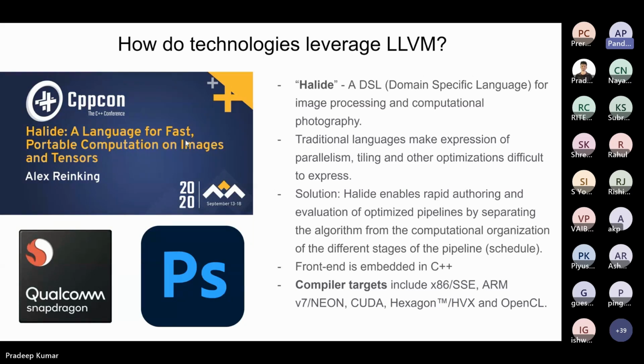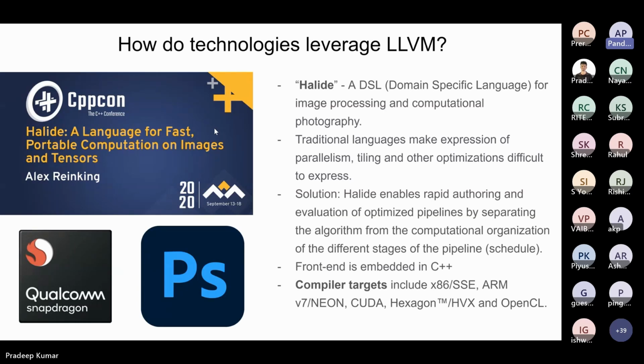Another very interesting use case is computational photography and image processing. A lot of us have used Adobe tools such as Photoshop, InDesign, Illustrator, After Effects, and a lot of us have mobile phones that run Snapdragon chips. So over here also LLVM makes an appearance. Halide is a DSL. Now, what is a DSL?